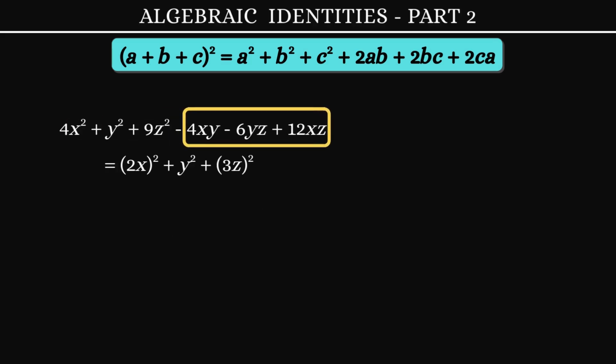Next, these terms will become minus 2 into 2x into y minus 2 into y into 3z plus 2 into 3z into 2x.